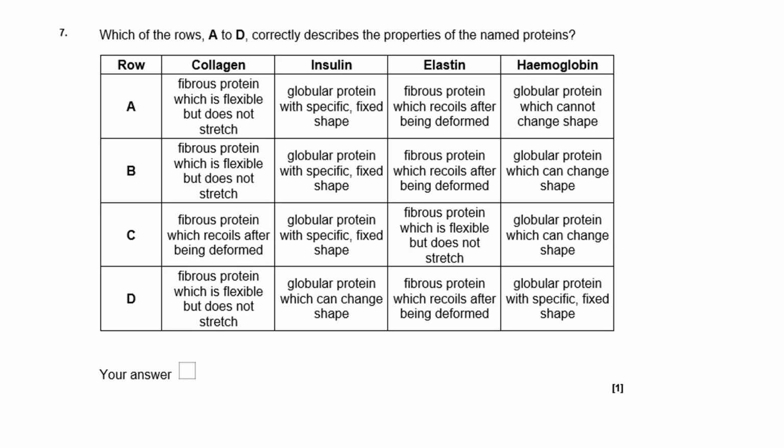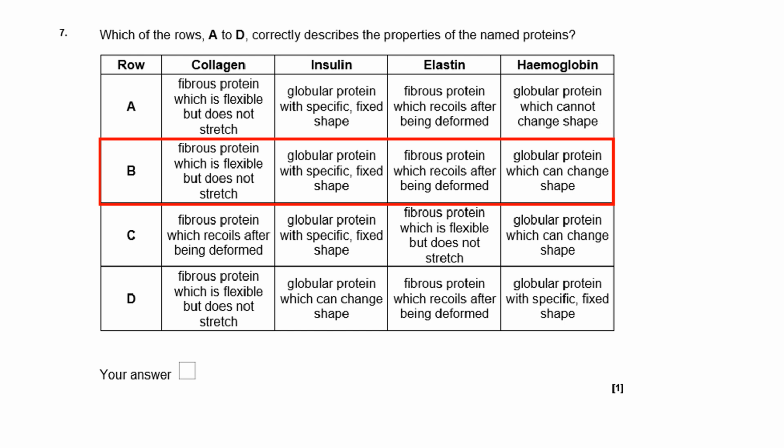Question number 7, which row A to D is correct when describing the 4 proteins, collagen, insulin, elastin, and hemoglobin? The correct answer is row B, because collagen is a fibrous protein but doesn't stretch. We find collagen at the end of muscles attaching it to bones in tendons.